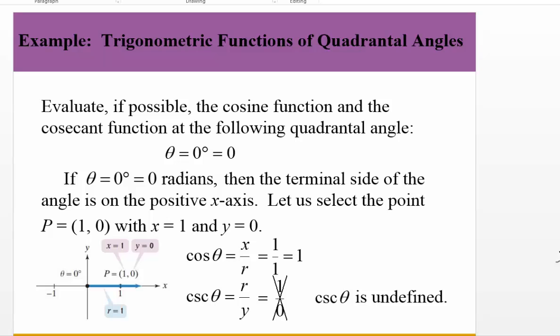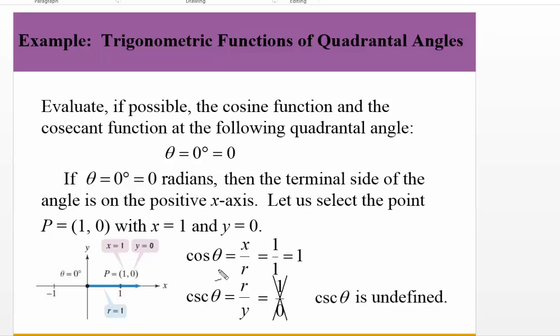All right, in our next example here, we're going to evaluate, if possible, the cosine function and the cosecant function at the following quadrant angle here. So what if someone gives you theta equals 0 degrees or 0 radians here, and P is the point (1, 0) here? Of course, this means x is 1 and y is 0.